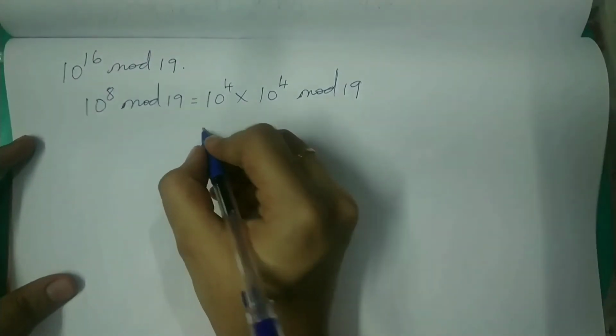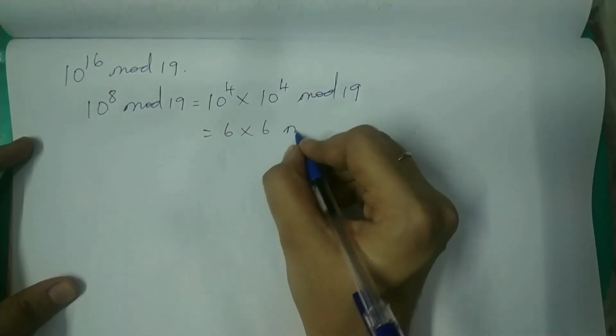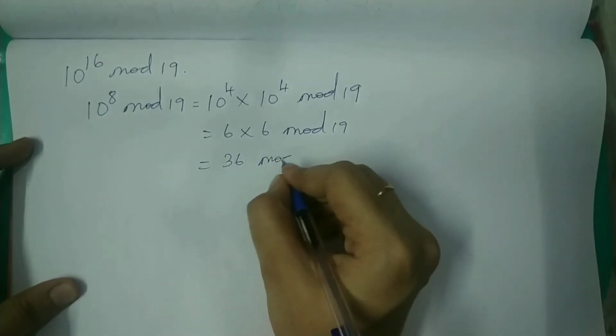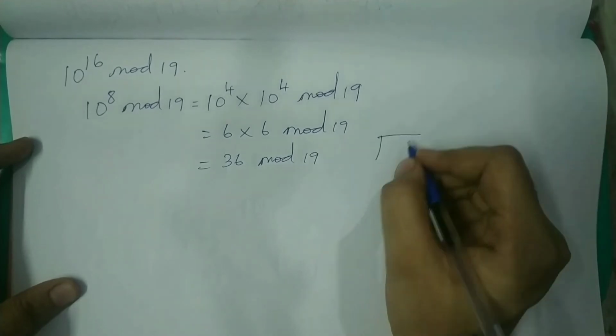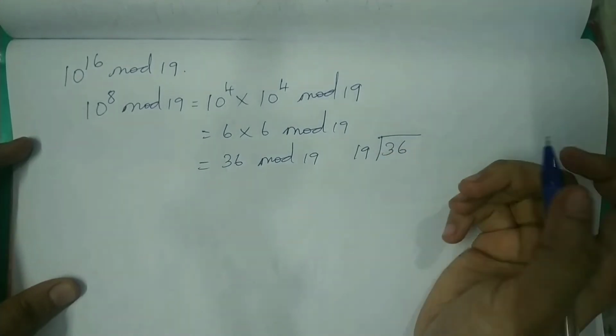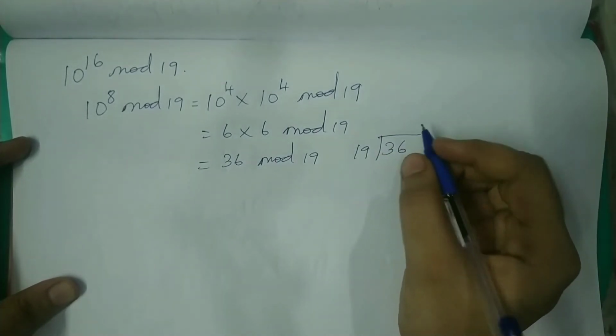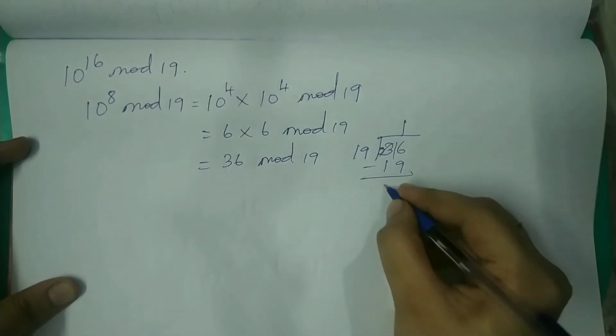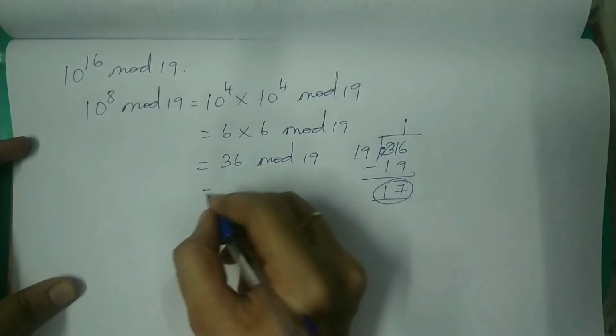So I'm going to write 6 into 6 mod 19, which is equal to 36 mod 19. Now I can divide this 36 by 19. It will go 1 time, so 19. I'll get 17 as the remainder.